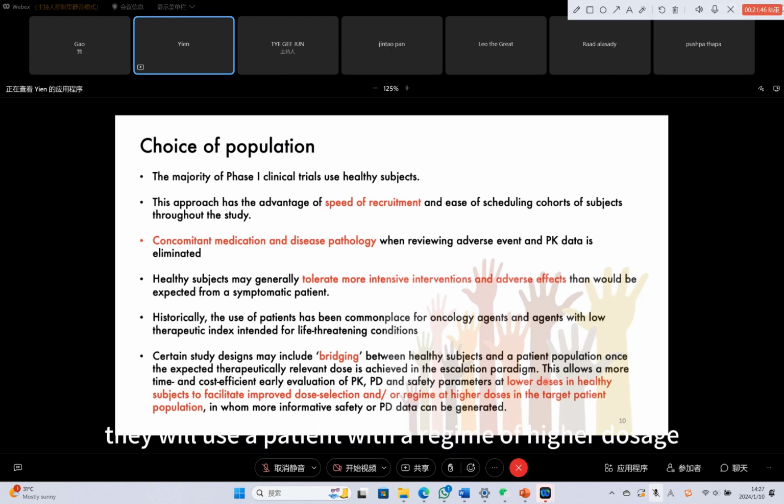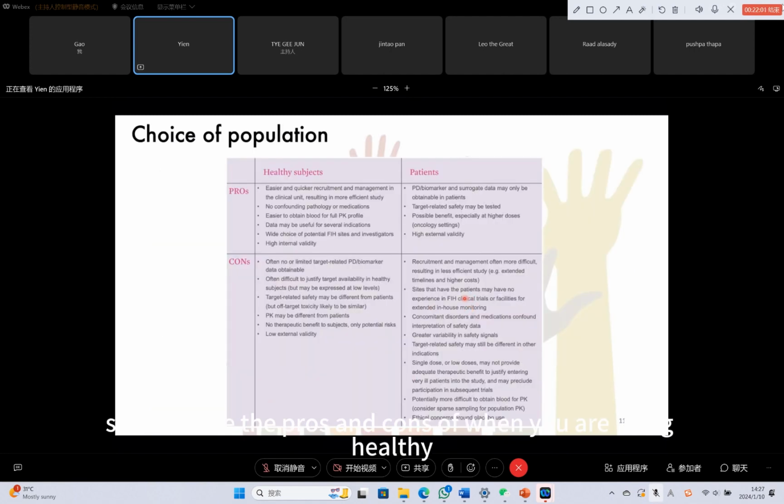And lastly, they will use patients with a regimen of higher dosage. So this will give more informative safety data and pharmacodynamic data from the clinical trials being done. These are the pros and cons of using healthy subjects and patients, and why you are using them. So this is just for your reference. Next slide.